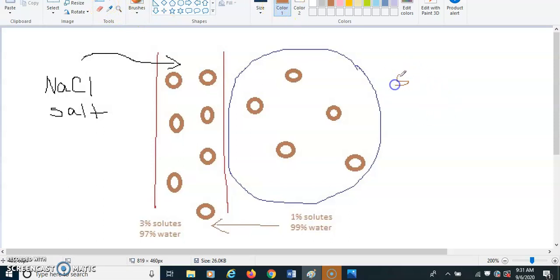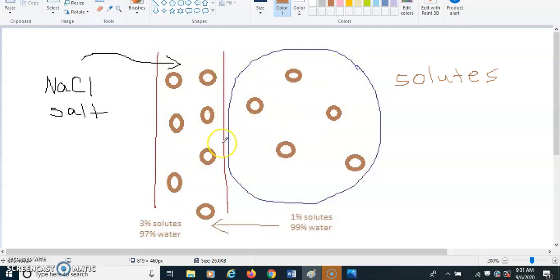So solutes are the brown things. All right, so this is the blood, and then this is our cell, so some cell in the body. So we've already consumed that bag of Doritos or chips. So we've already changed the solute concentration in the blood.